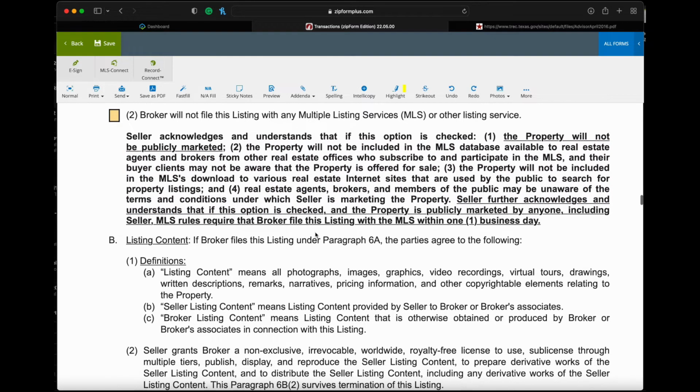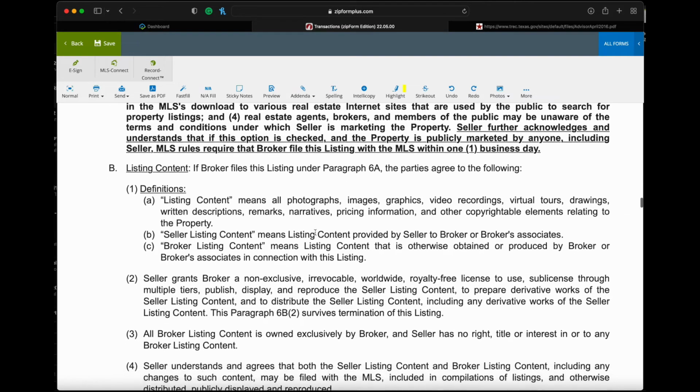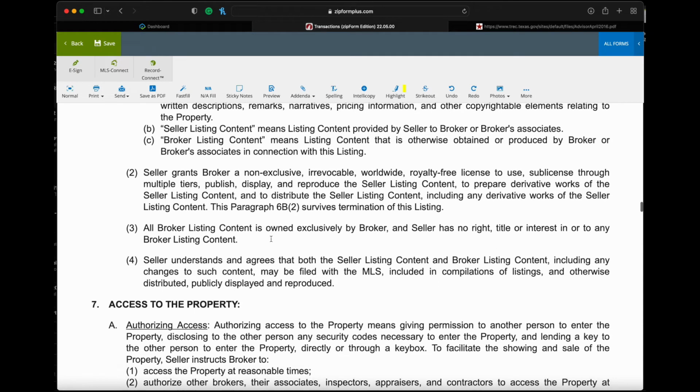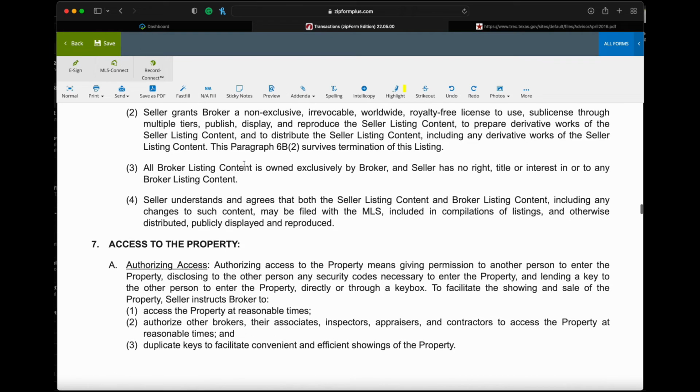No one else is going to know that it's for sale except for you and whoever you tell. The definitions are very self-explanatory; it explains it here real easy. The seller gives you non-exclusive, irrevocable rights, royalty-free license to use.